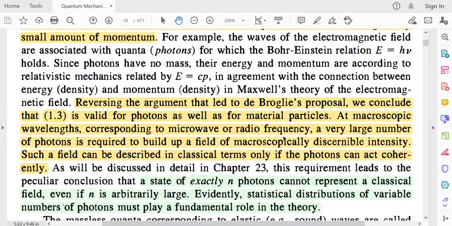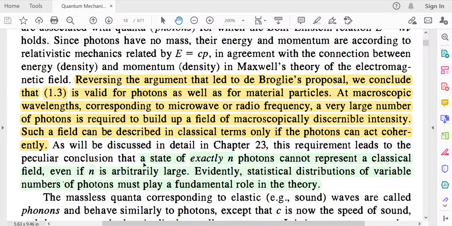So similarly, to get macroscopically discernible intensity, we need a very large number of photons, and they should act coherently. Now, although we are saying that we need a very large number of photons to get an appreciable amount of momentum or intensity, what is the value of this large number?